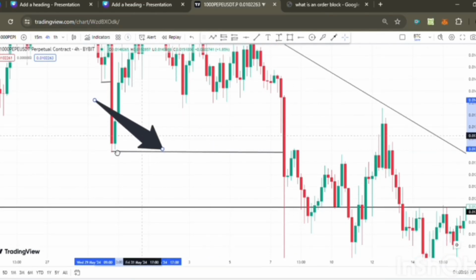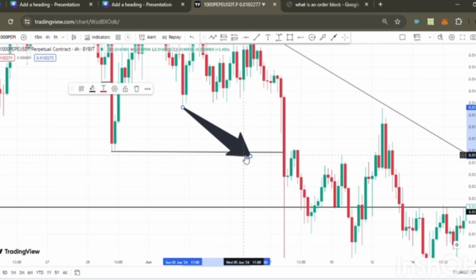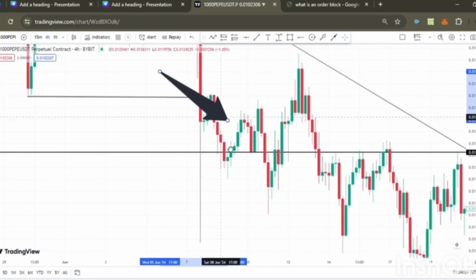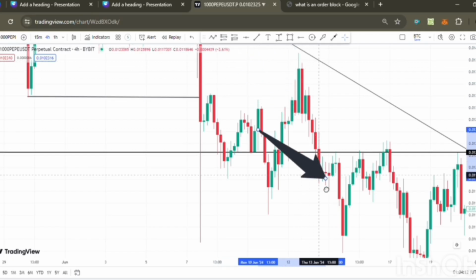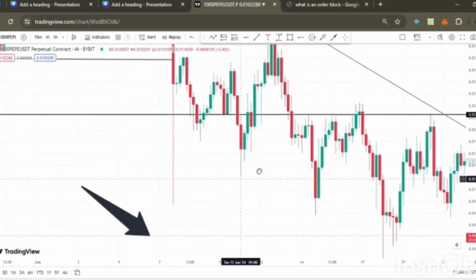Now the market starts pulling down again and makes a minor retracement to the upside, and upon that retracement, it drastically pulled down again to break another structure. So the market continues breaking structure.